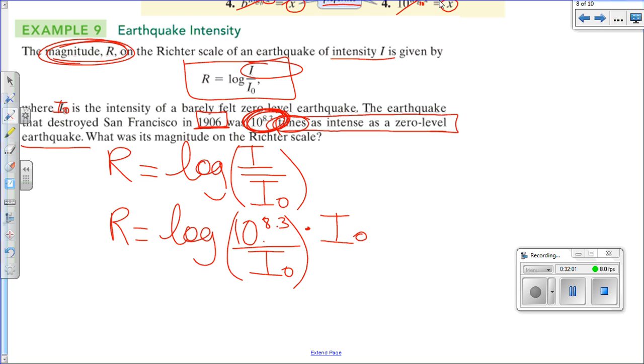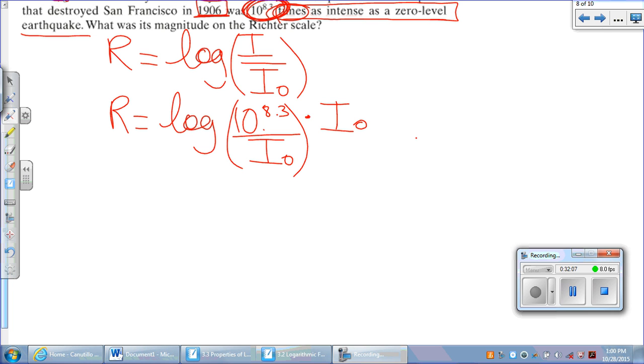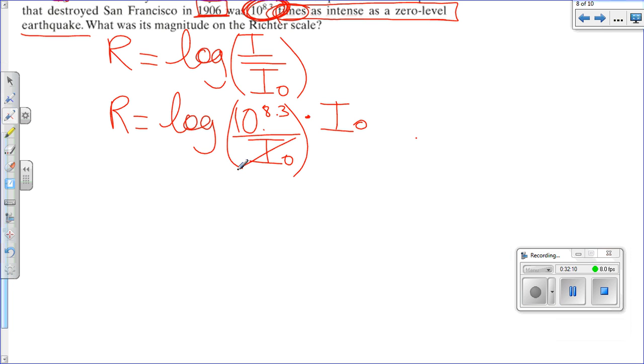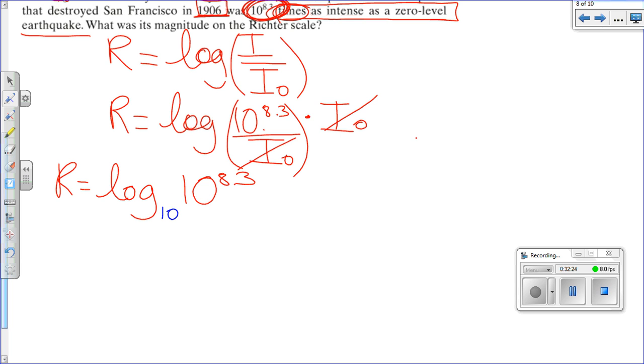So after that, we do some simple algebra. You can see that I sub 0 divided by I sub 0 is equal to 1, so we may say they cancel. And with that, we are with the reduced expression, log of 10 to the power 8.3. And here we do not have a base, but we know there is an implied 10, because it is a common logarithm.